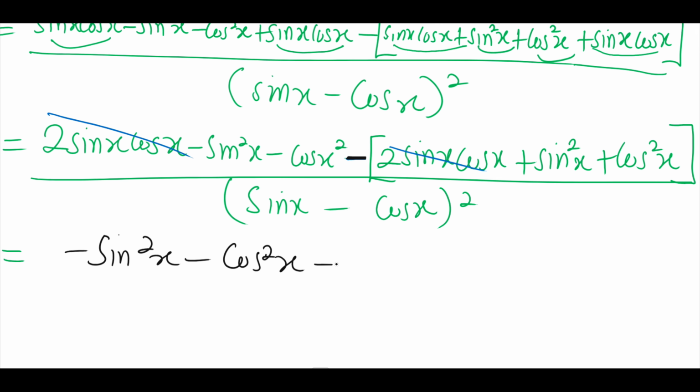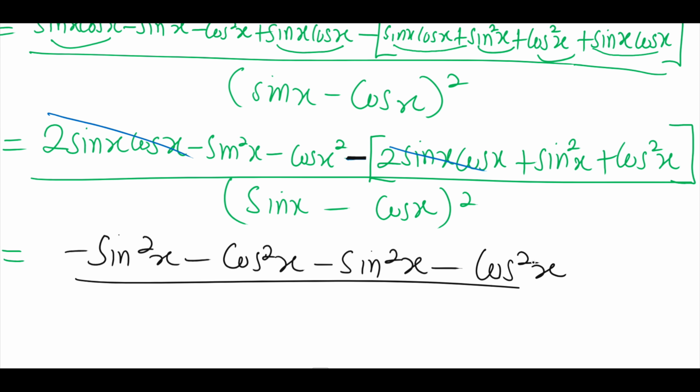So we are going to get minus sin x squared. The negative also multiplies the positive cos x squared, so we are going to get negative cos x squared. Then all divided by (sin x minus cos x) in brackets squared.